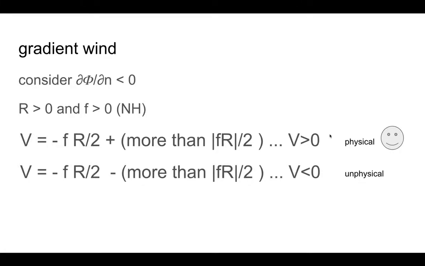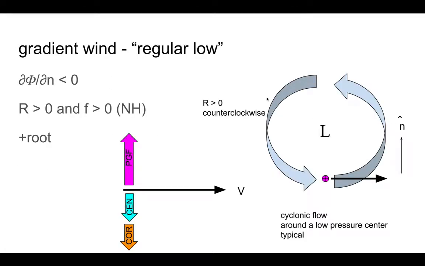So let's consider the force balance for that positive root. And this is what we would call a regular low, where we have the cyclonic counterclockwise turning around a low pressure center.